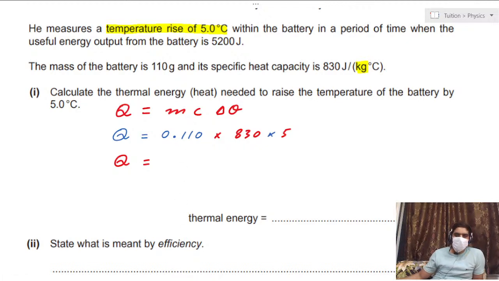In that case, I'm going to hit it on the calculator. 456.5, or 460 joules.